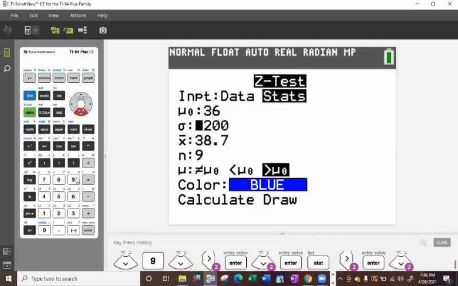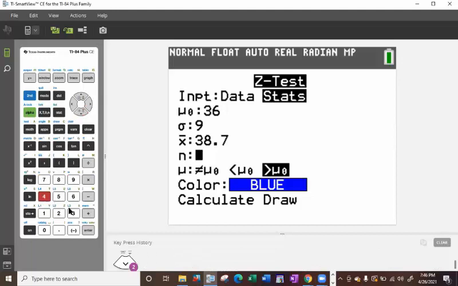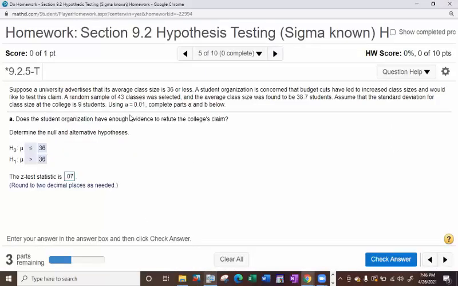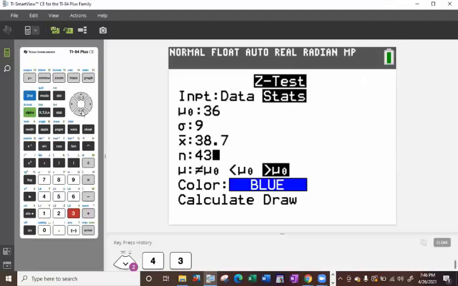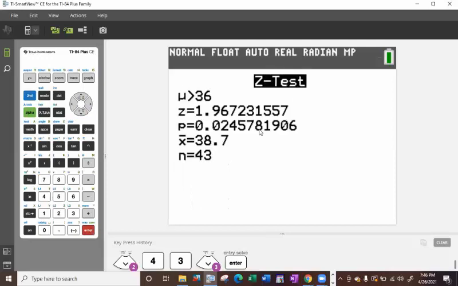Okay, that's 9. This is 43. Let me double check the 43, is it 40? Yeah. All righty. I guess rule number 1 is to put the numbers in there correctly, wouldn't you say? I think that's probably a good idea, right? I'm going to go 0.02 this time.